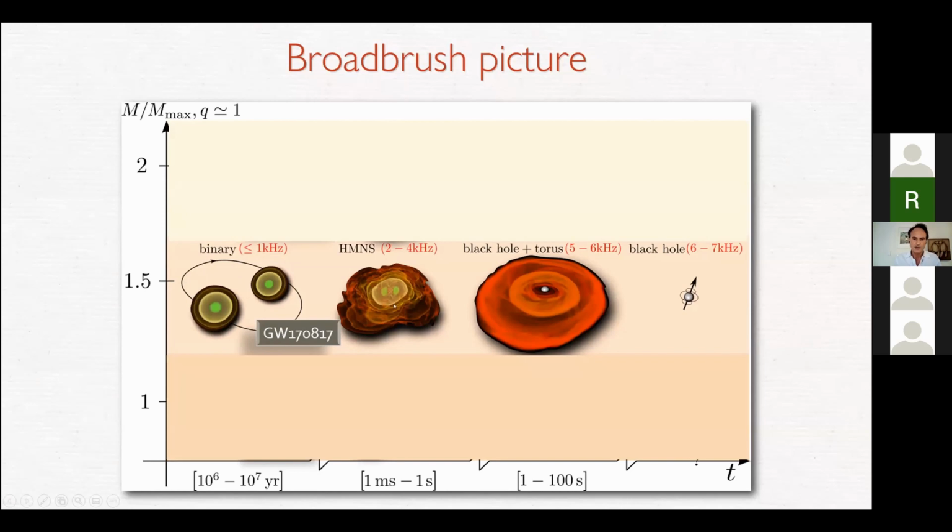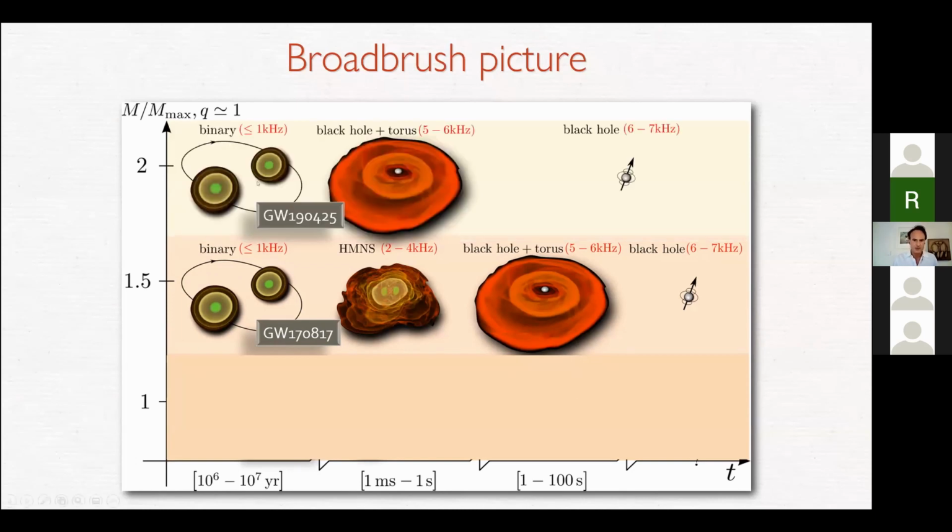After the merger, a so-called hypermassive neutron star was created, which lives roughly for 1 second and then collapses to a black hole and produces the observed gamma ray burst. And this is what we saw in the first gravitational wave.